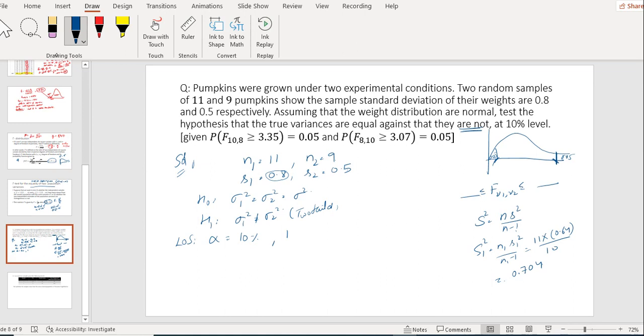And what about S2 square? S2 square is equal to n2 s2 square upon n2 minus 1. So it is 9 into s2 square, 0.5 square is 0.25, divided by 8.